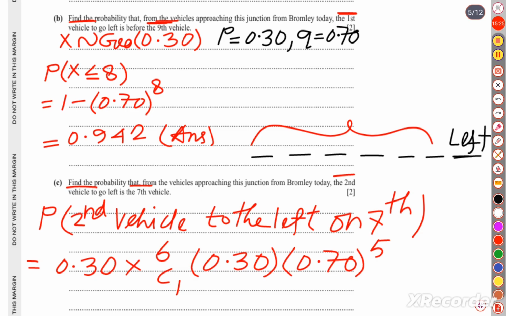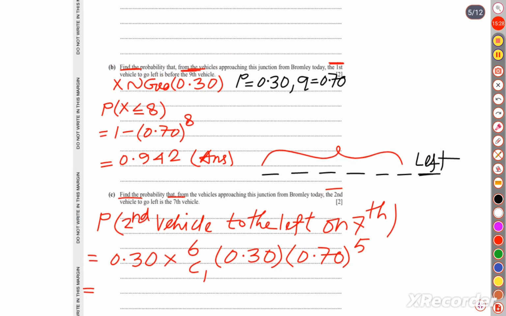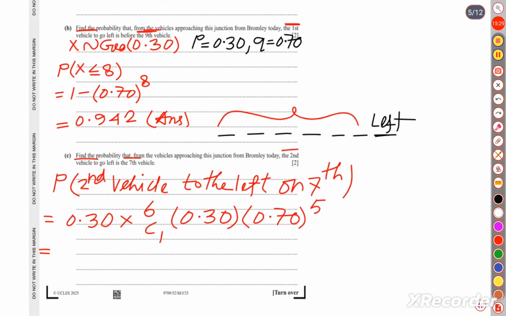So if we simplify it more, 6 choose 1 is 6, and how many 0.3 are there? 0.3 two times, because there were 2 vehicles turning left, and 0.7 to the power 5, the rest of the 5 vehicles out of 7 turn to the other direction.